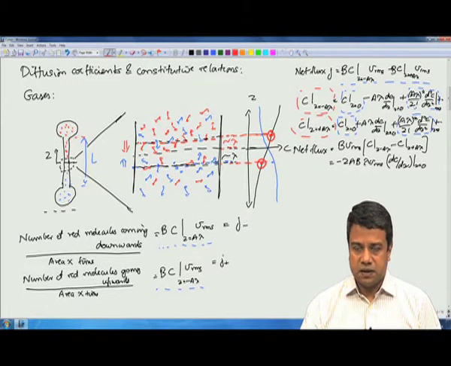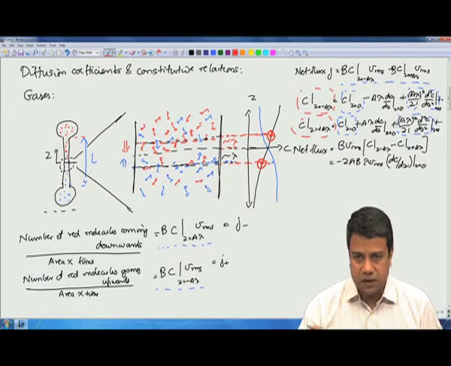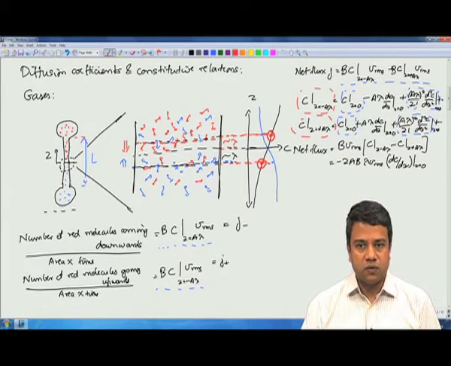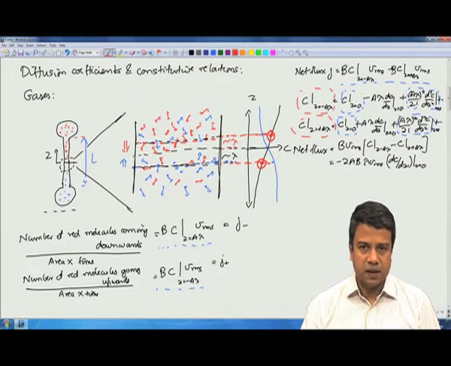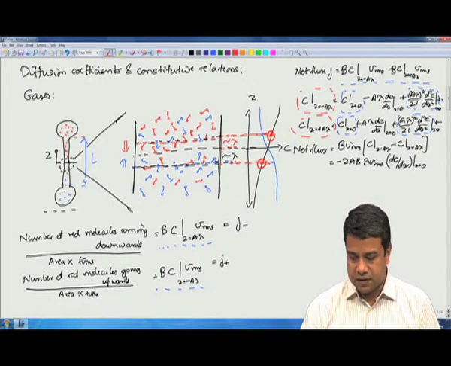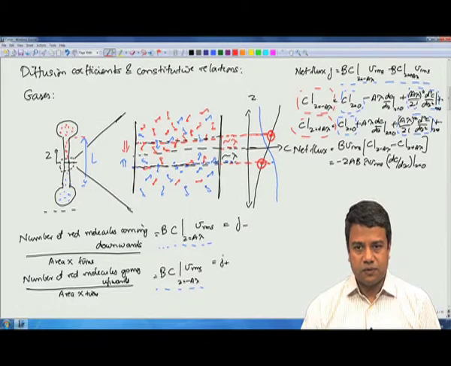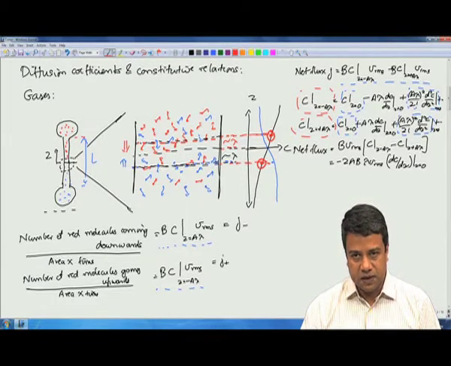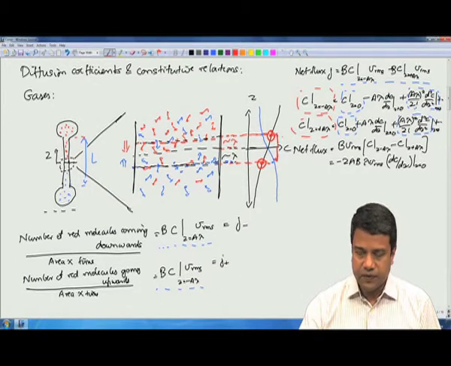That flux is approximately equal to the difference in concentration between these two locations times the root mean square of the fluctuating velocity. The root mean square of the fluctuating velocity in gases we know is equal to the square root of 3kT by m, where T is the temperature. That is how the temperature is defined in gases. Therefore, the flux is equal to the root mean square fluctuating velocity times the concentration difference between these two locations.